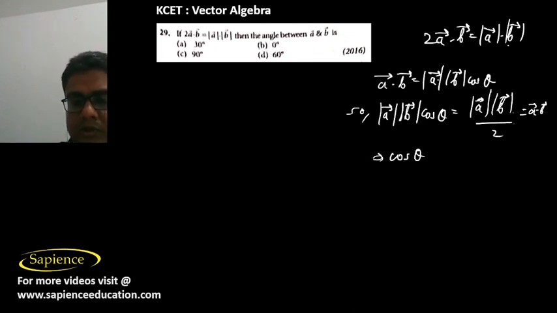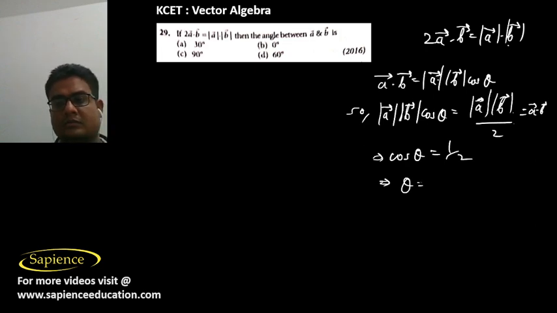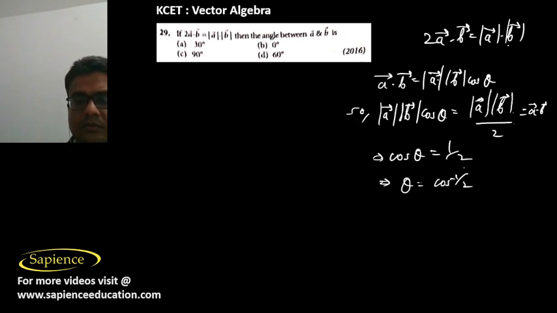Cos theta is equal to half. Cos theta is equal to half means that theta is cos inverse half. B is the correct answer.